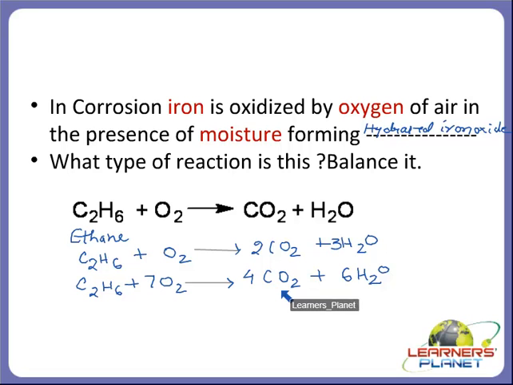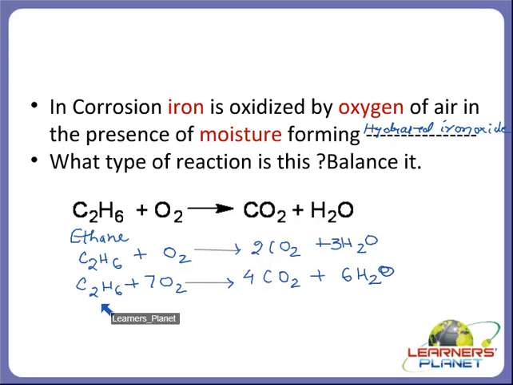Now check, are there 14 oxygens? 8 oxygen and 12, 6H2O. There is O also. Right? So, how many oxygens are there with carbon dioxide? 8. With water? 6. So, there are 14 oxygen.